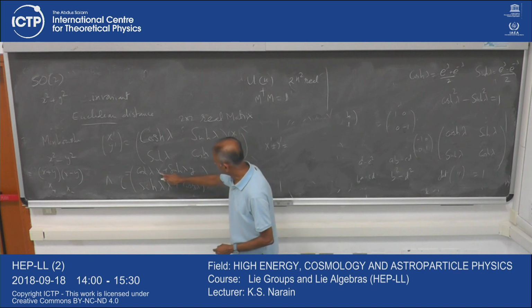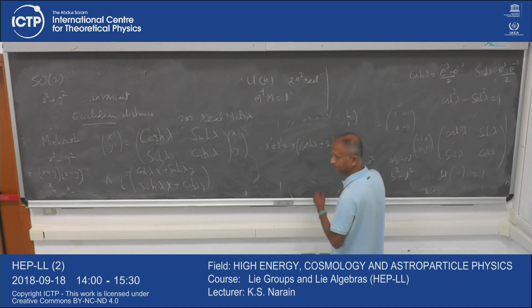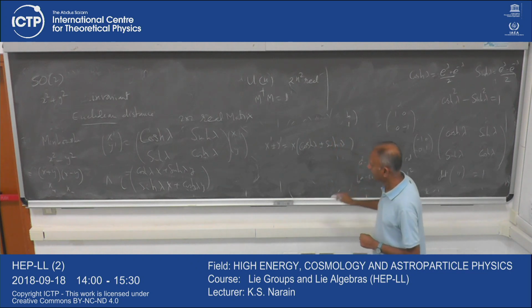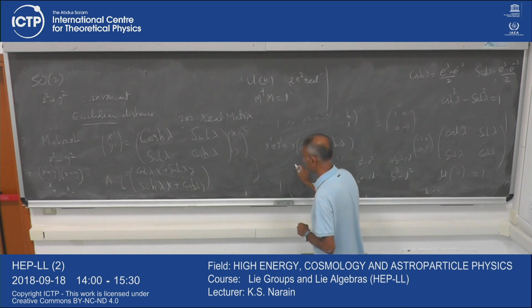Let's collect the x and y. The coefficient of x will be cosh lambda plus or minus sinh lambda, and the coefficient of y will be sinh lambda plus or minus cosh lambda.